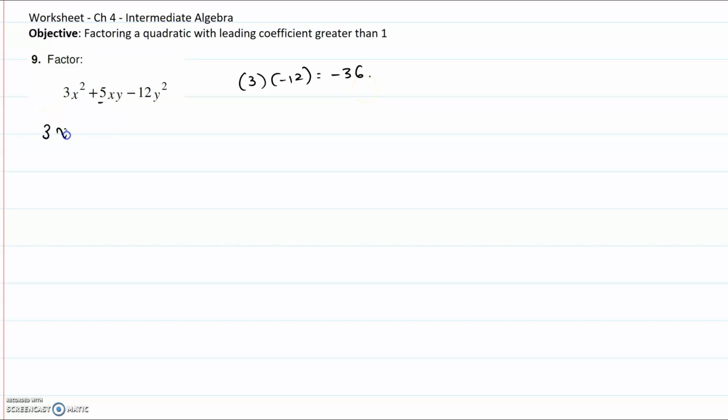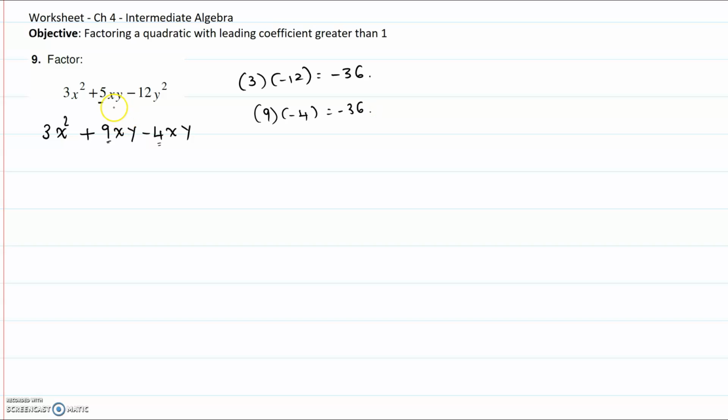So we are going to break the 5xy as 9xy minus 4xy. If you add 9xy and the negative 4xy, you get 5xy. Then if you multiply 9 and 4, one positive, one negative, you get 9 times negative 4, that also becomes negative 36.